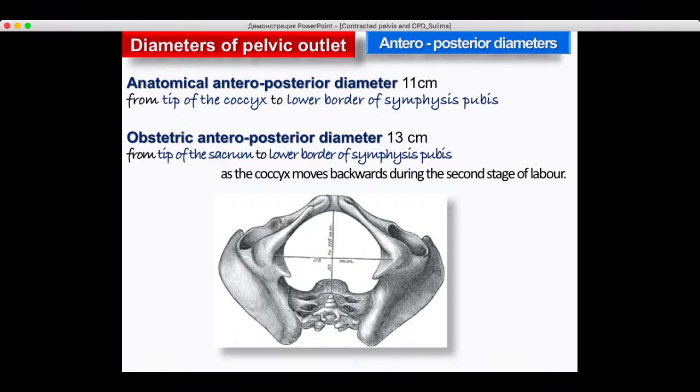Because the coccyx moves backward during the second stage of labor, in case of fractures or maybe an inflammatory process in the sacrococcygeal articulation, you have a problem with this mobility. That's why maybe the baby has a problem during the second stage of labor. That's why it's very important to investigate vaginally the sacral promontory, sacral cavity, and the coccyx.